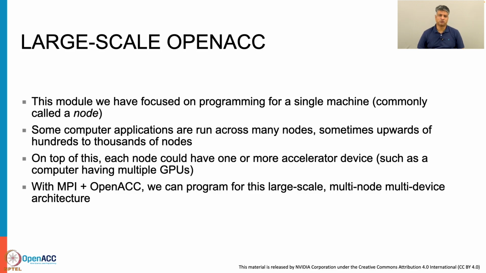On top of this, each node could have one or more accelerator devices, like a computer having multiple GPUs, and in some cases multiple CPUs as well. So with MPI and OpenACC, we can program for this extremely large-scale multi-node, multi-device architecture.